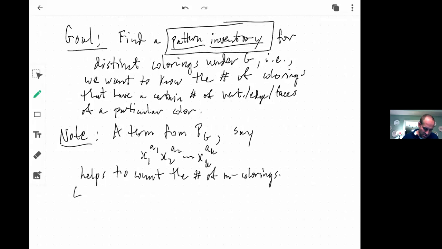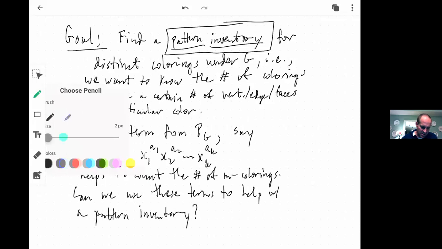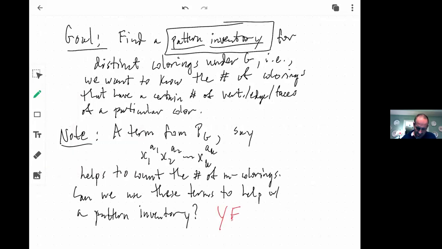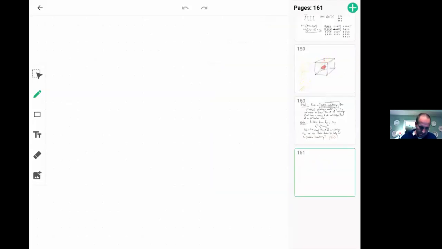Can we use these terms to help with a pattern inventory? Well, I wouldn't ask unless the answer is yes. The answer is yes. Okay, and this is the essence of what's going to happen. Okay, so let's go into the next page here and we'll take a peek at what's happening.